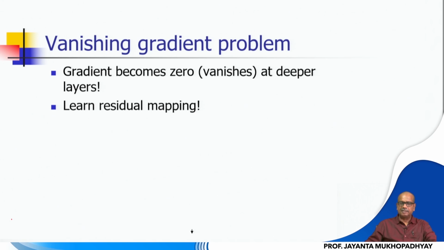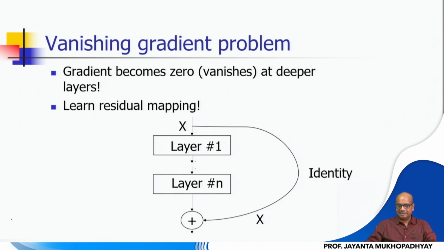So for that, what trick has been considered: instead of learning the target function directly, why don't you learn the residual mapping? It is shown schematically here. Suppose this is your input x and this is your output, where the function is considered as, say, f(x). In this architecture, you are learning the differential part.